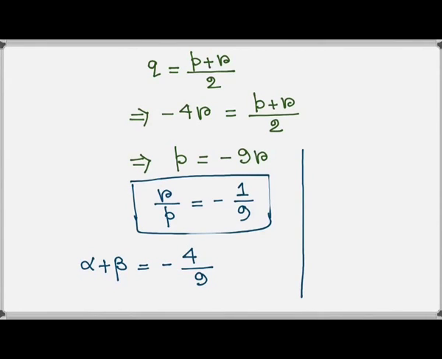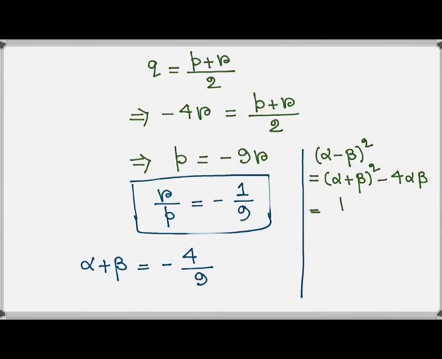Now we know that alpha minus beta whole square is equal to alpha plus beta whole square minus 4 into alpha beta, and we know the value of alpha plus beta here.